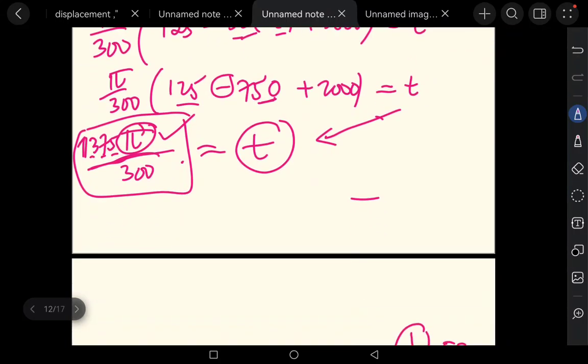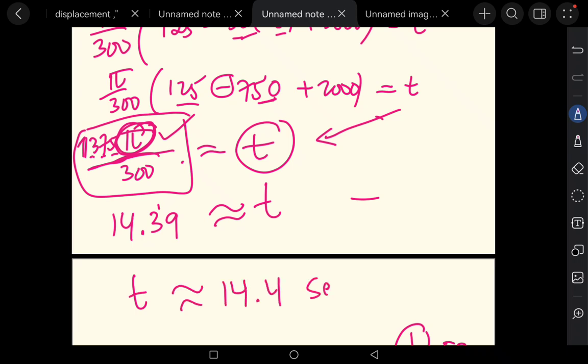So if you times this pi, t is approximately, I use calculator here, the IB calculator. 1375 times 3.14, and then answer divide 300. 14.39. So round it to one decimal place, 14.4.